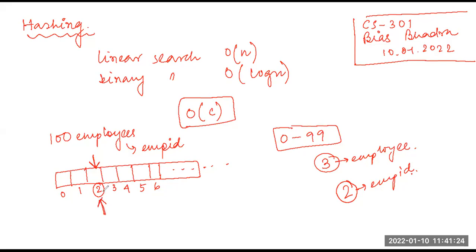The employee with ID 2 will be stored in location 2, the employee with ID 6 in location 6, and the employee with ID 7 in location 7. Like this, the employee ID itself acts as an index or a key to our array where I am storing the details of the employee.